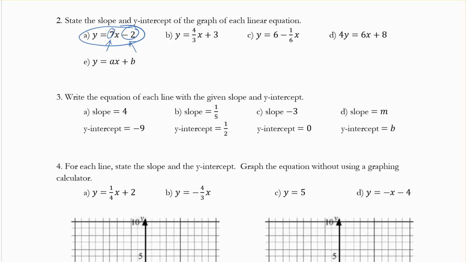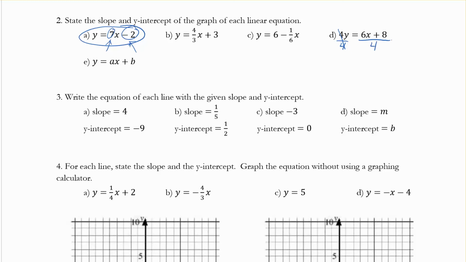So go ahead and do that for the rest of these, except this one's a little bit tricksy because there's a 4 in front of it. What we've got to do here is divide each side, everything, by 4. So we divide this by 4 to cancel those. Divide this by 4.